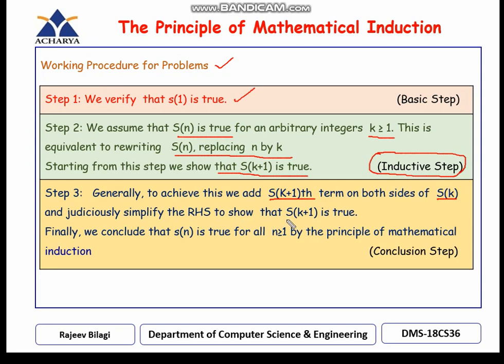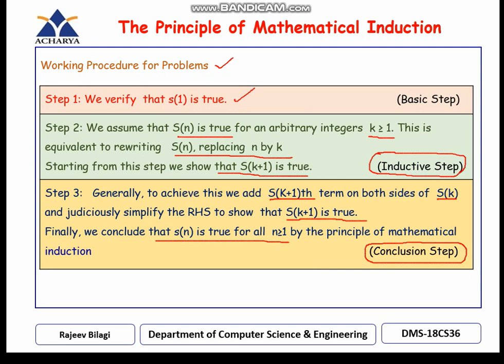Then for the RHS also we get S of k plus 1 is true. So with this we can conclude that S of n is true for all n greater than or equal to 1. This is what we call the conclusion step. The entire mathematical induction is based on these three particular steps.